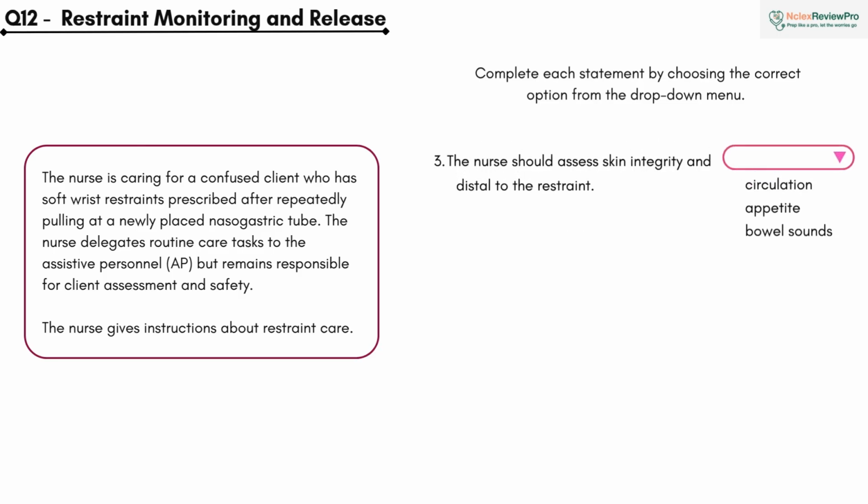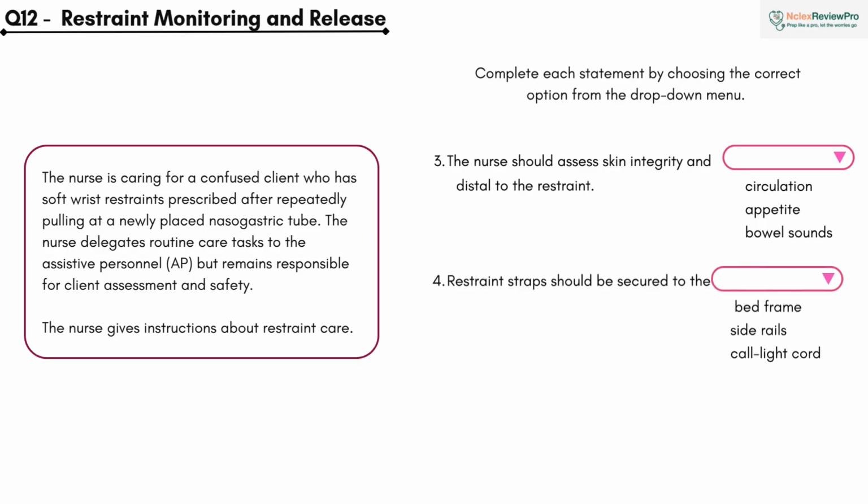The third statement is, the nurse should assess skin integrity and blank distal to the restraint. The fourth statement is, restraint straps should be secured to the blank. Take a moment and think about your answer. Consider all options, but pick the right one.